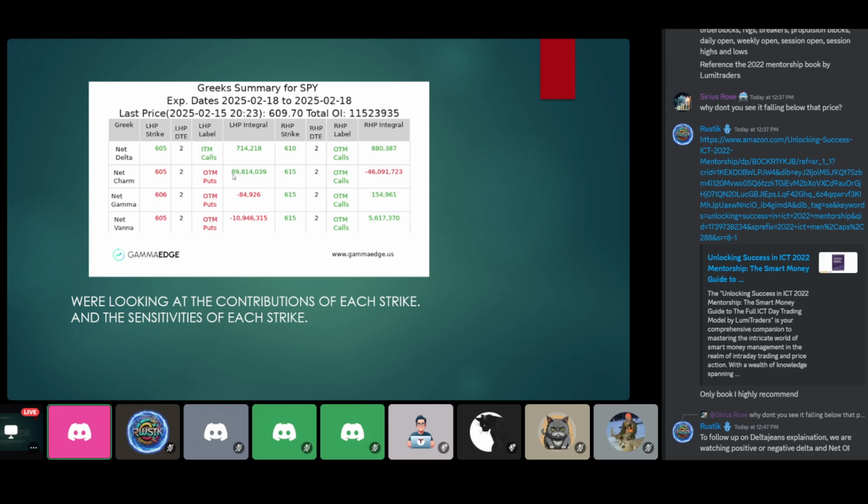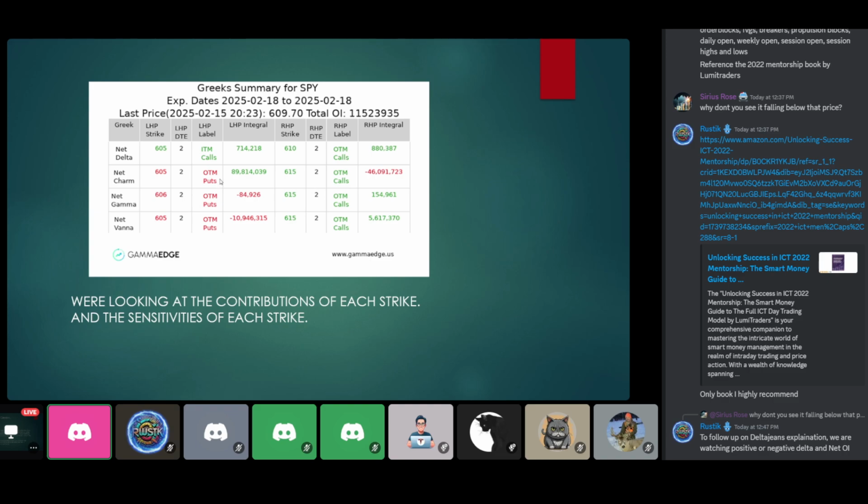So we know we have positive deltas below us. Those puts have no value of any sort because they're so far out of the money, they've decayed. The only thing that's significant below us is the positive delta. And then we have 615 that's so far out of the money that it's actually more significant with negative deltas above us, right? So now that we went over charm, that's just what I'm looking at.